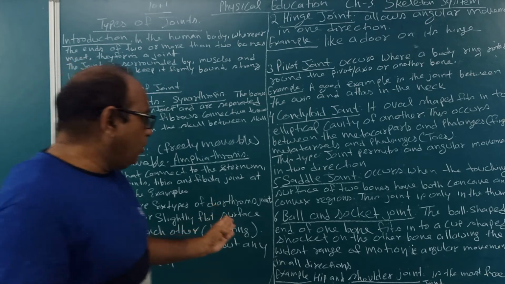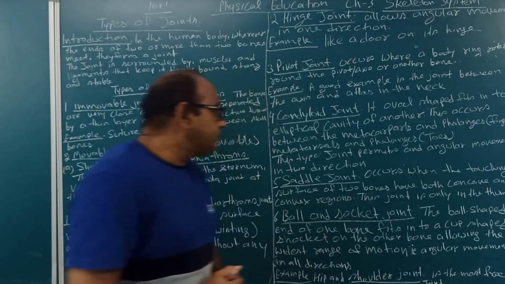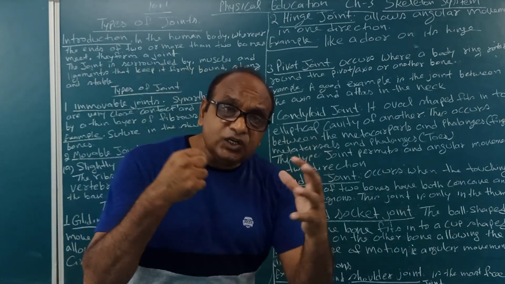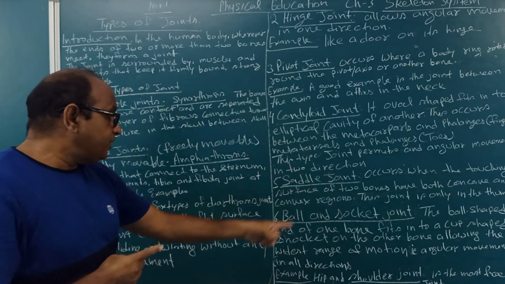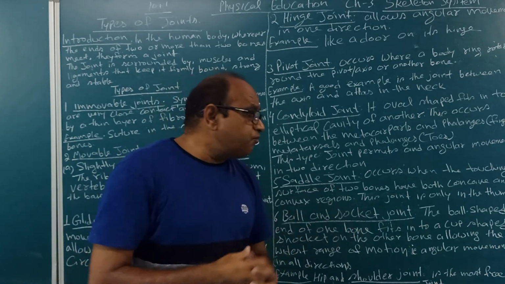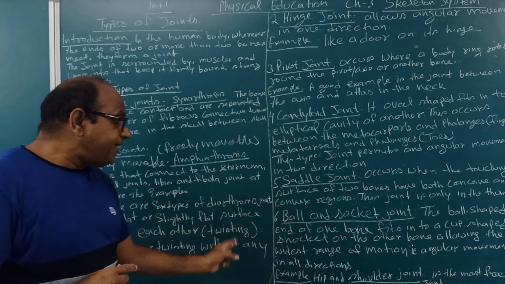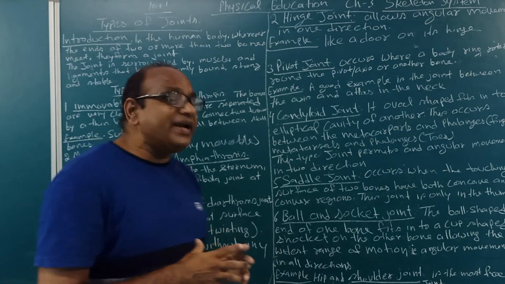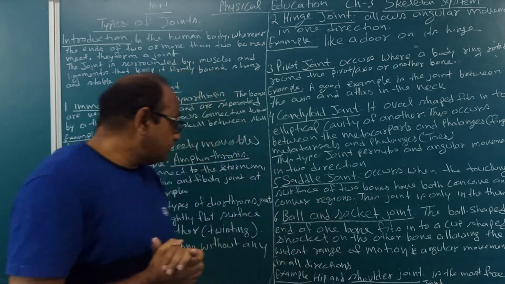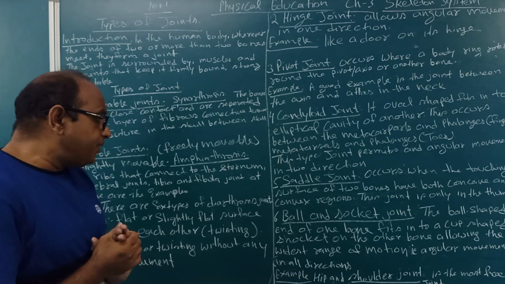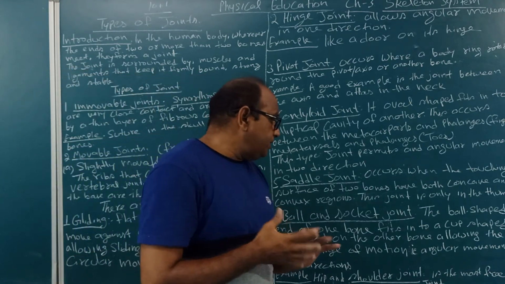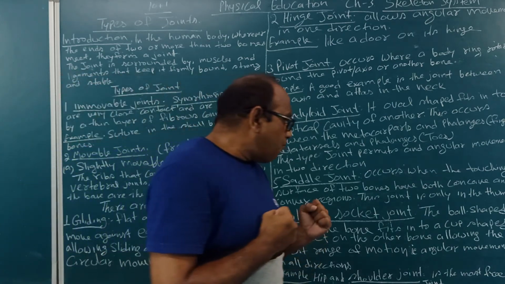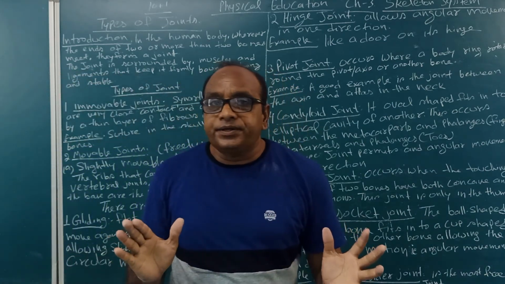Next is ball and socket joint. Here the ball shaped end of one bone fits into a cup shaped socket on the other bone, allowing the widest range of motion. Example, angular movement in all directions. And here hip and shoulder joints are the best examples, and the shoulder joint is the most freely movable joint.